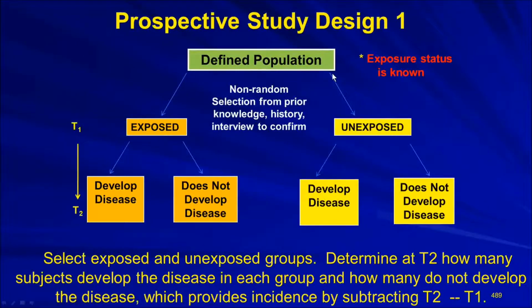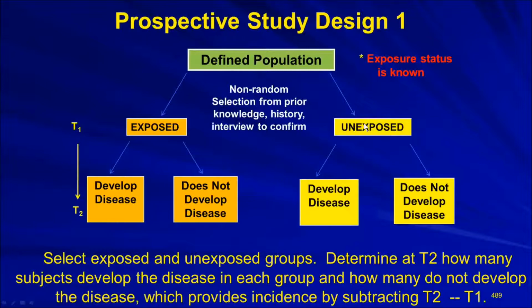Okay, so we have a defined population. Exposure status is unknown. And we have a non-random selection. We select from prior knowledge and history and interviews to confirm whether they've been exposed to something or not exposed.